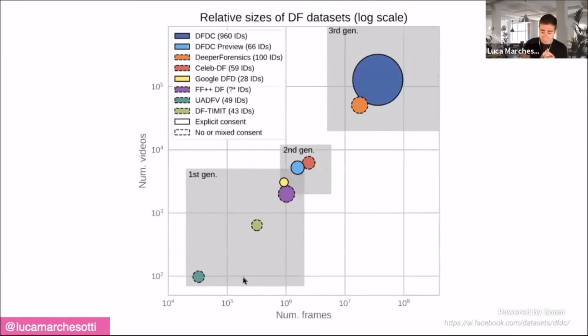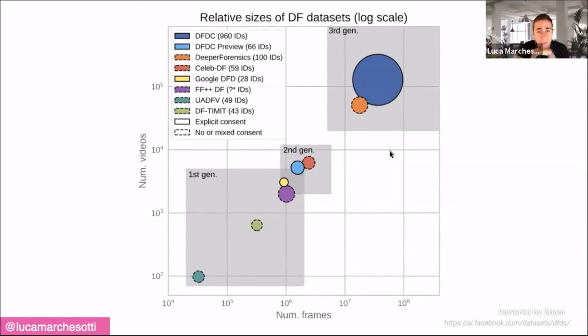And again, your Facebook, your Microsoft, what do you do when you want to solve a machine learning problem? You just throw more data at it. This is essentially the evolution of the data sets over time. This is the deepfake data set that I showed you before.